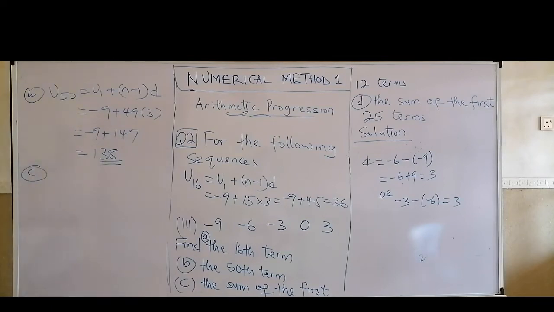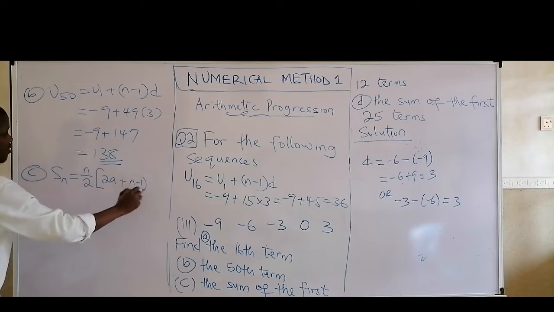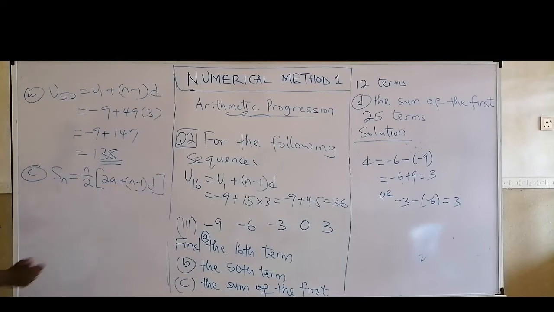Then go to C part. The sum of the first 12 terms. As you know, the formula I've told us from the beginning of the class, the sum of an arithmetic progression is this formula. We have discussed this from the beginning of this episode.